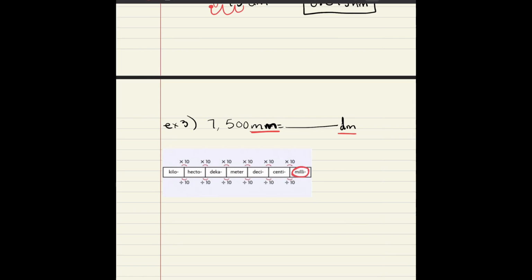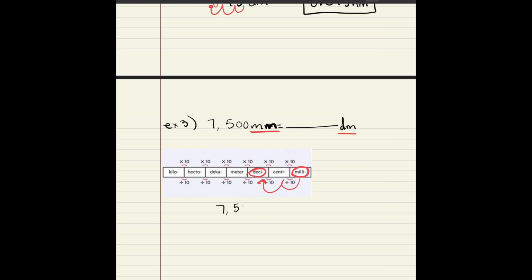So here's millimeter, here's decimeter. So I'm moving 1, 2 place values to the left.